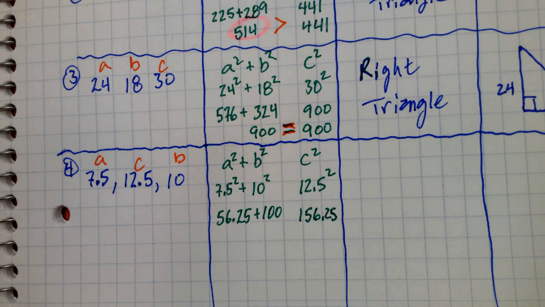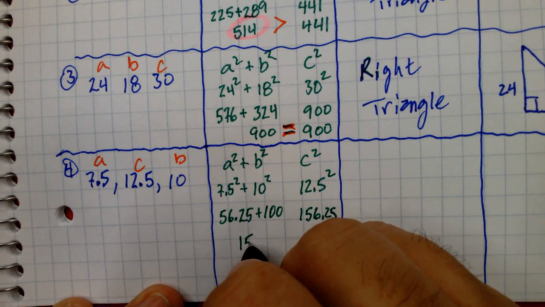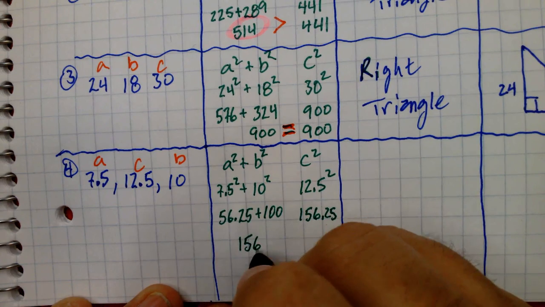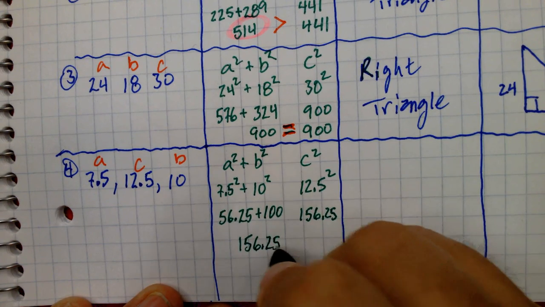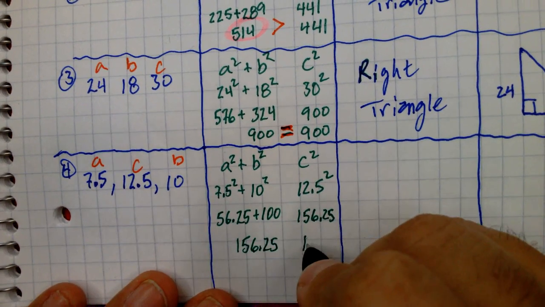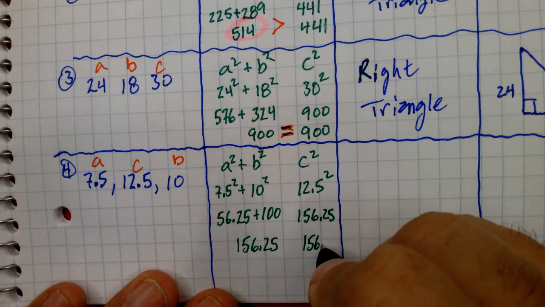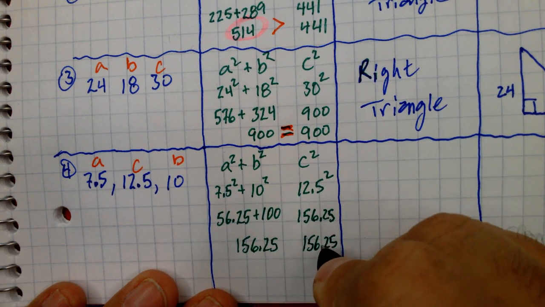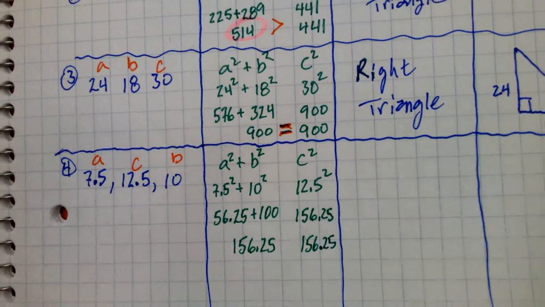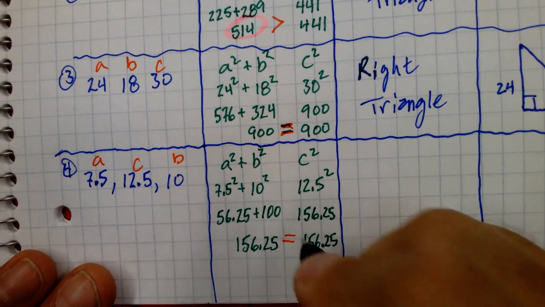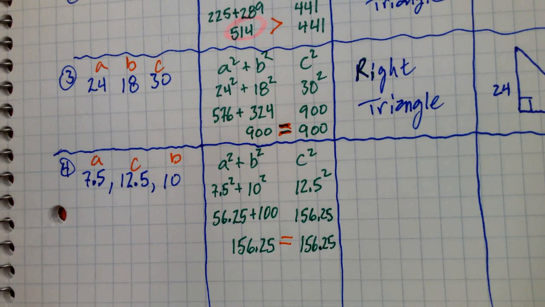And what's our conclusion there? They are equal. So lo and behold, another right triangle.